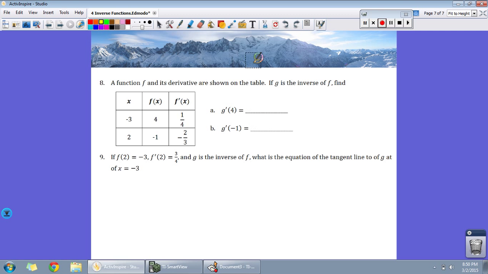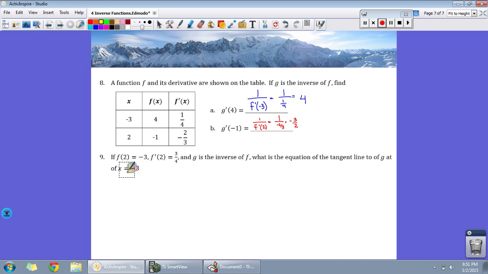And then over here, G is the inverse of F. So here's F, and we want the inverse of 4. So the derivative is going to be the reciprocal of 1/4. And so that's going to be 4. And then G prime of negative 1 is going to be the reciprocal of 2/3. And we've got over here, f of 2 is negative 3, f prime of 2 is 2/4, G is an inverse of f.